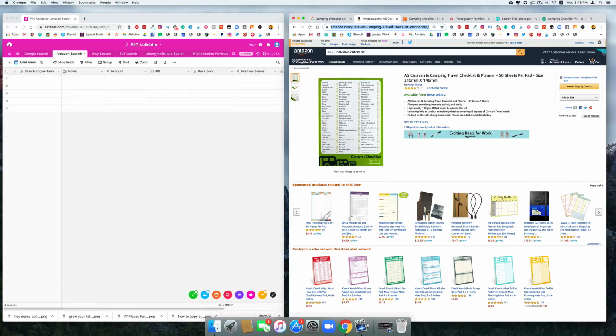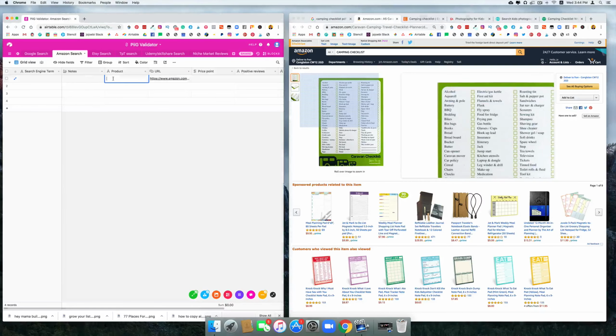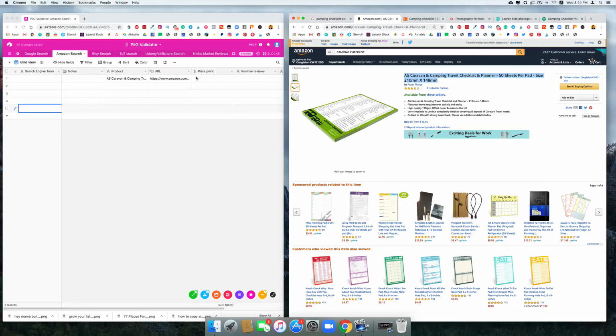So we'll take the URL and name of the product. I'm just copying and pasting, and I like to have both windows open at once because I find that easier. And it's $10.95. And the search term was camping checklist.